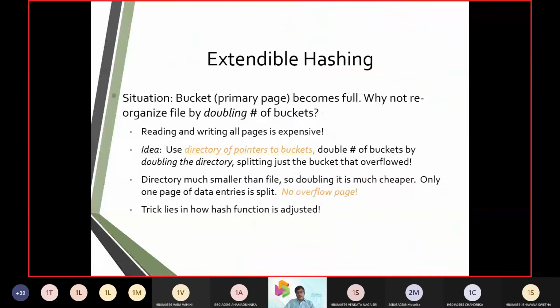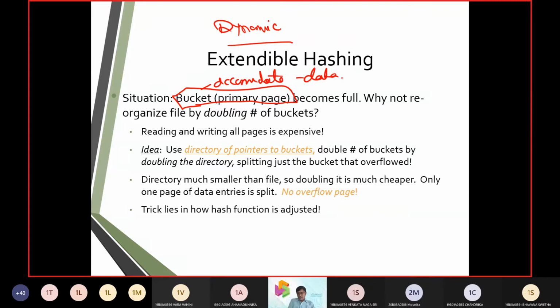Now, we call it extendable hashing, or the other name, dynamic hashing. The buckets accommodate data entries, and these data entries are filled up with the primary pages.